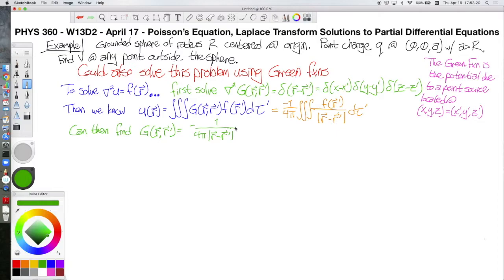But we still have the same issue we did before, because we have two different equations, this equation here for our Green's function and this equation up here that is related to what we've done on the previous slides. And both of these functions are 0 at infinity, so we again need to add an offset.